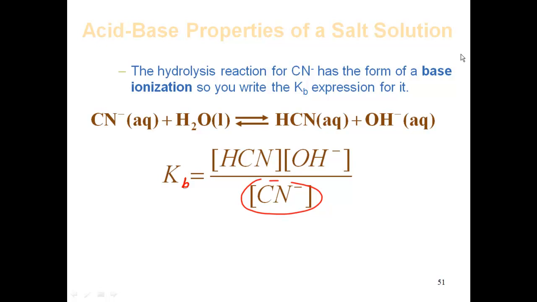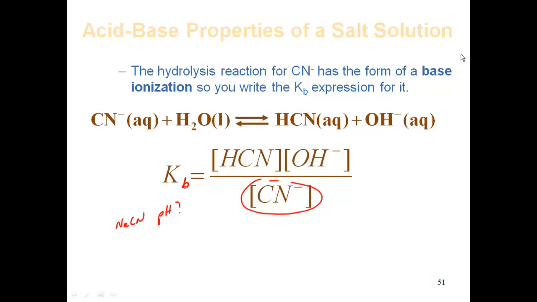Now, one thing I want to bring to your attention is that typically the tables of ionization constants are all of molecular species. Now we're getting to the point that we're going to be using some ions, so you're going to have to do some conversions between your Ka and Kb before you work problems. What do I mean by that? Say you had sodium cyanide, and I wanted to know the pH of that solution.